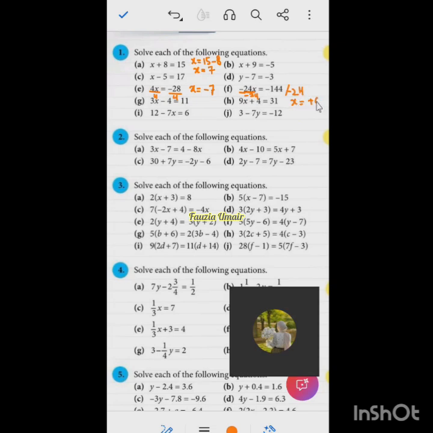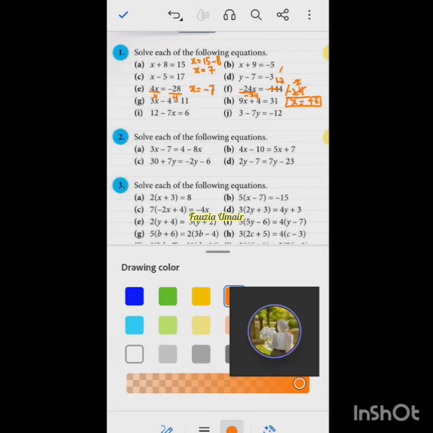So it is 6, right? If you cancel it with 2, 12 twos are 24, 12 twelves are 144. So the answer is 6, plus 6.